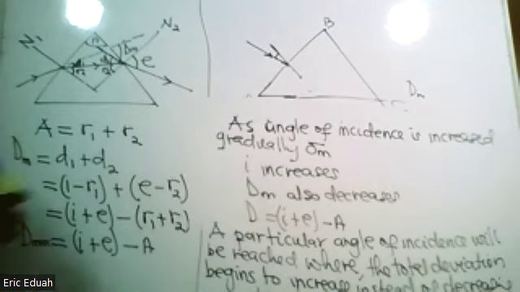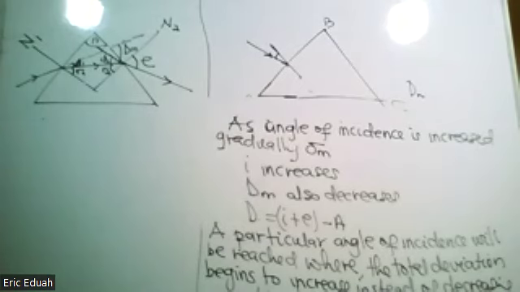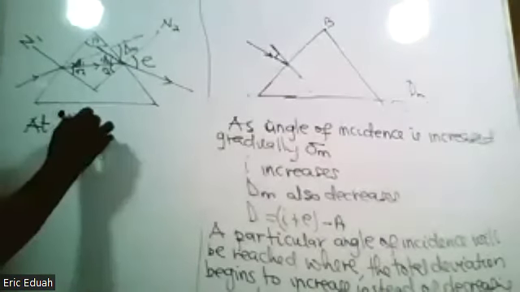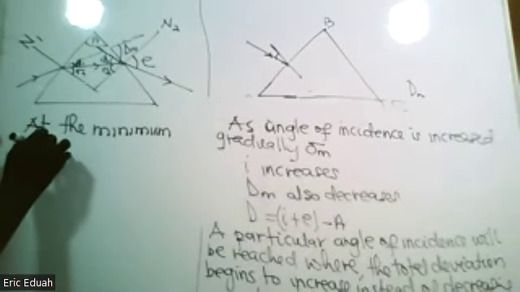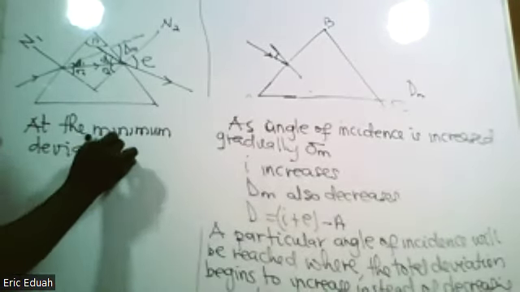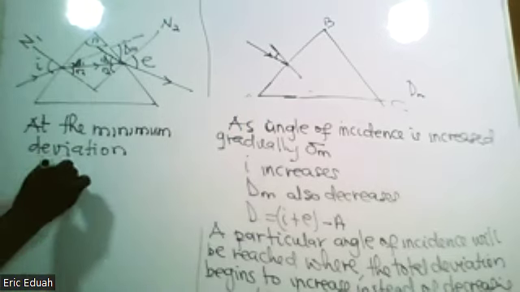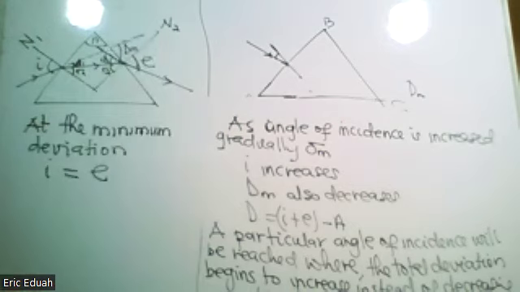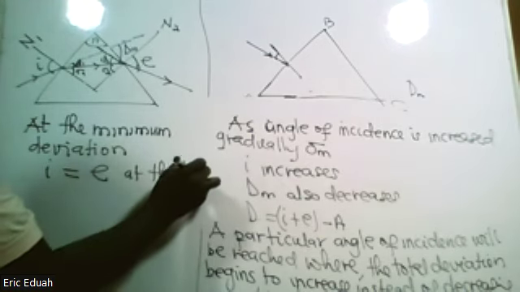So at the minimum deviation, we realize that Josephine, are you there? Yes, please. At the minimum deviation, this is when we realize that the angle of incidence, I, is equal to the angle of emergence, E. So I is equal to E at the minimum deviation.